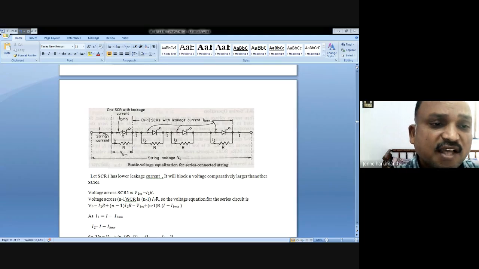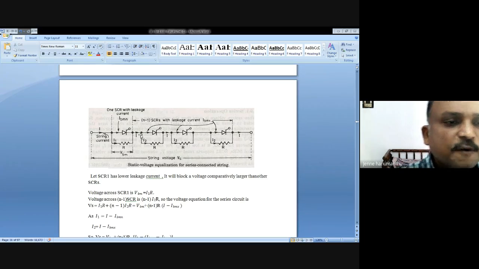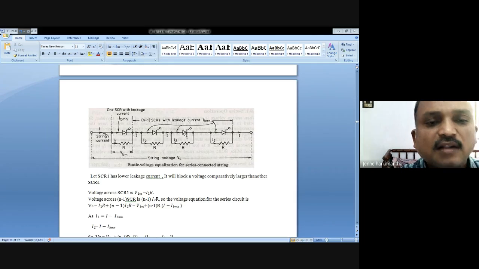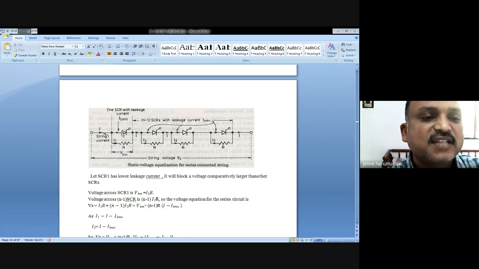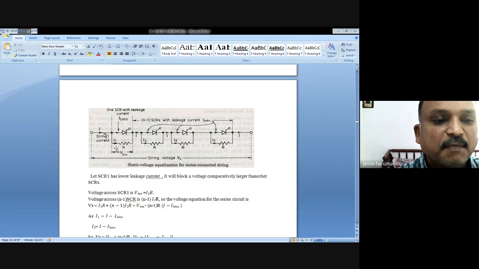This is thyristor 1, it is 2, 3, it is n. So thyristor 1 differs from all these n minus 1 thyristors. I am writing n minus 1 thyristors with leakage current IBMX. But only one thyristor has some other leakage current IBMN, so the drop that occurs is VBMN.